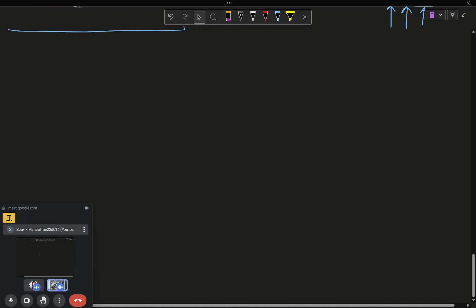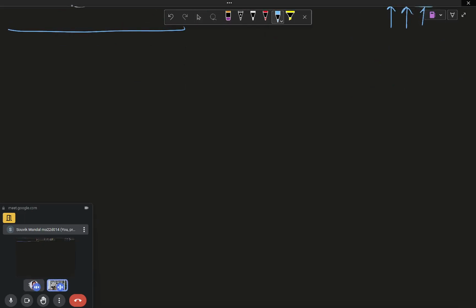Okay, so one more thing. Suppose F is a map from M to M prime, and G is a map from N to N prime, and both are linear. R linear means R module homomorphism.